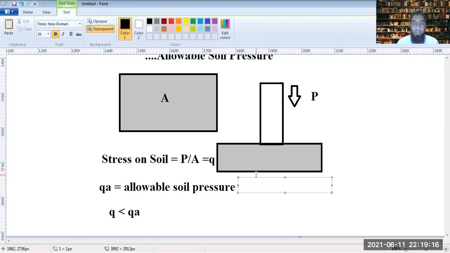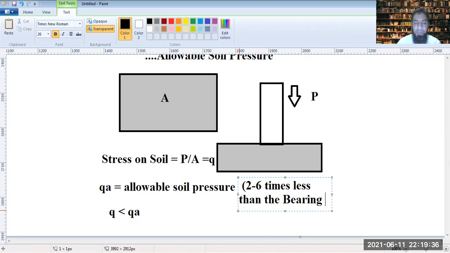But the allowable soil pressure is taken about 2 to 6 times less than the bearing capacity of soil.